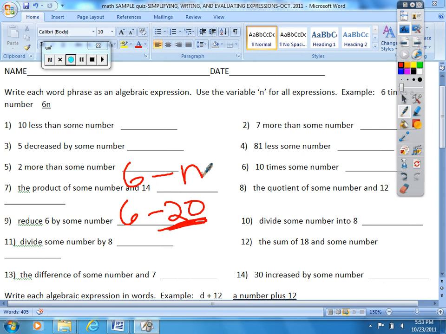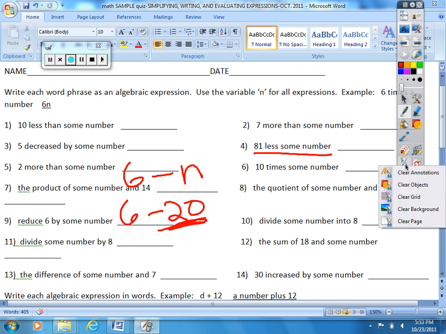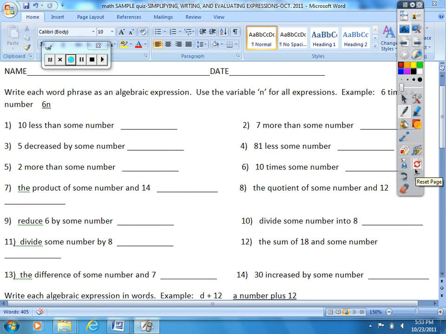Now, more than, that's pretty simple. This one's tricky right here. 81 less some number. I highly recommend you tell your child, when it's a subtraction or division, to write down both ways. It's a little bit more work, but I promise you it will pay dividends. 81 less some number. I'm going to pick a number again.